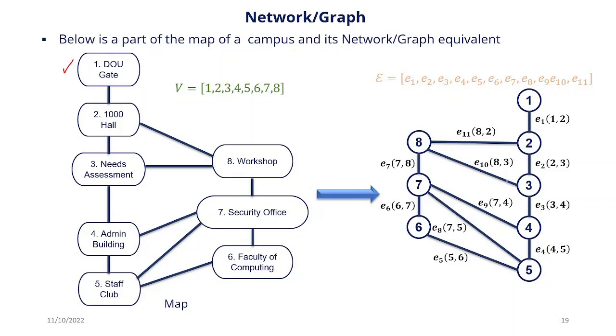It could be any structure. The nodes can be arranged in any way. However, the actual system is going to be the same. For instance, no matter what location in the xy coordinate you put 2 or 8, there will always be an edge, edge 11, connecting 2 and 8.